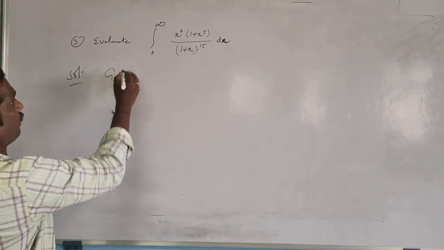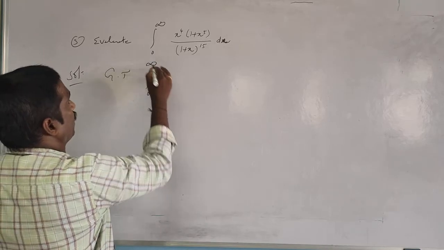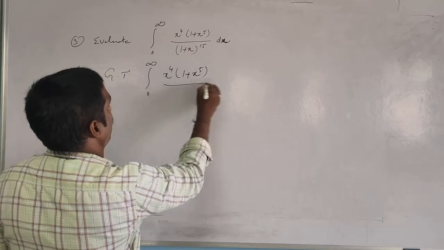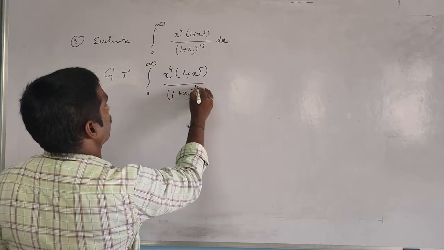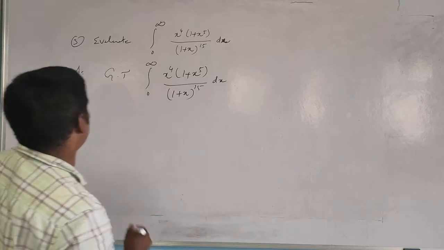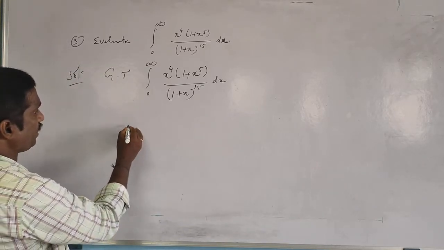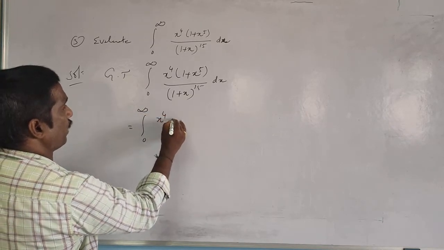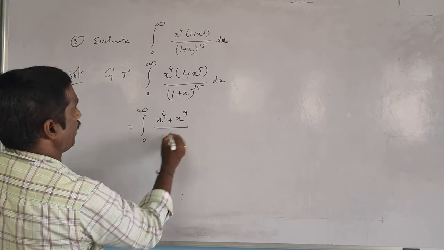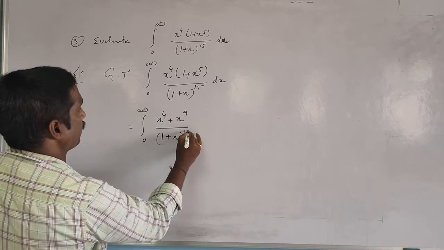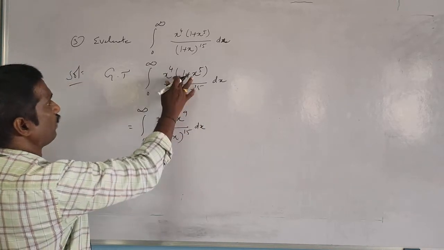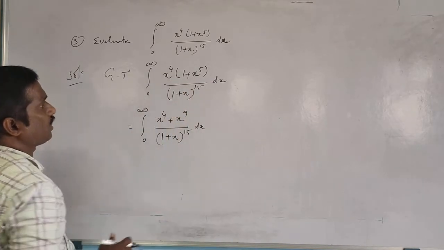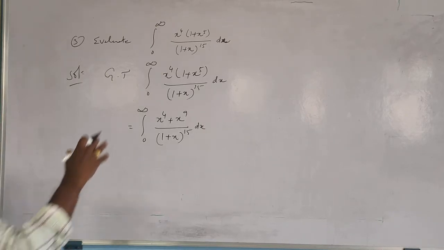Given the integral from 0 to infinity of x power 4 (1 plus x power 5) by (1 plus x) whole power 15 into dx, that equals the integral from 0 to infinity of (x power 4 plus x power 9) by (1 plus x) whole power 15 into dx. x power 4 into 1 is x power 4, plus x power 4 into x power 5 is x power 9, because the bases are equal, so the powers add: 4 plus 5 is 9.